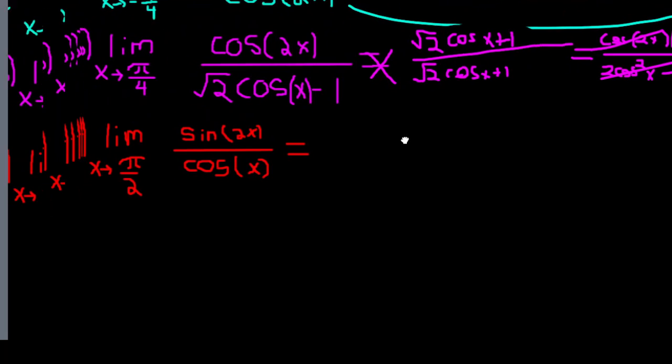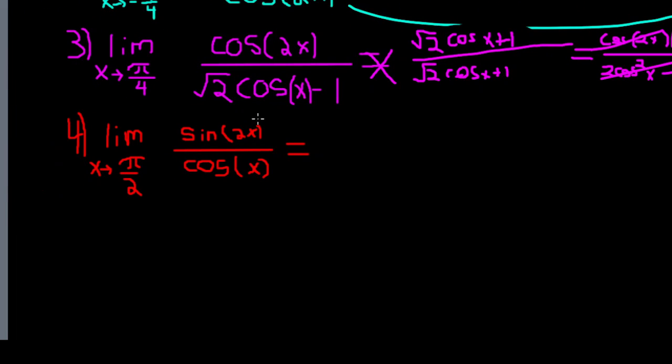Alright, last one. First step, plug it in. So sine of pi is 0, cosine of pi over 2 is 0. Okay, that failed instantly. I see sine of 2x. I'm going to remember that that is equal to 2 times the product of sine and cosine.